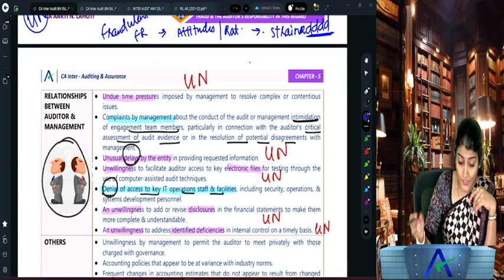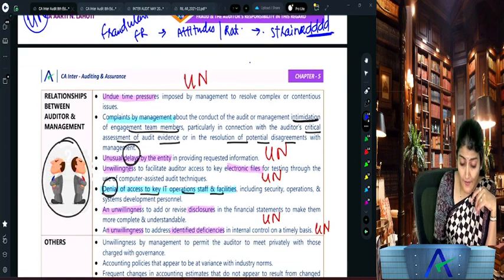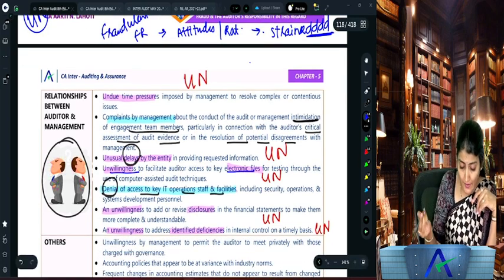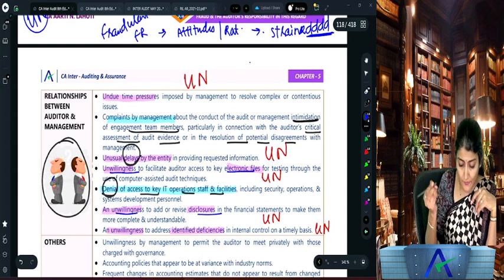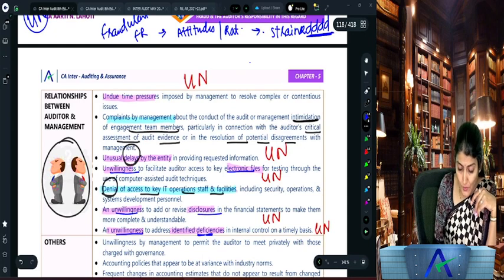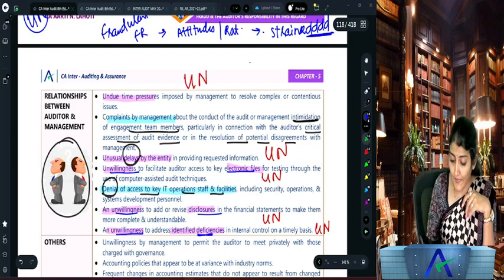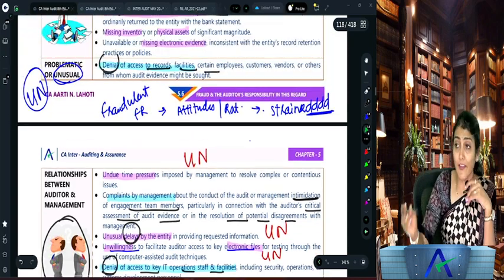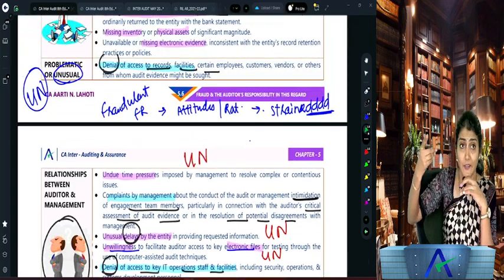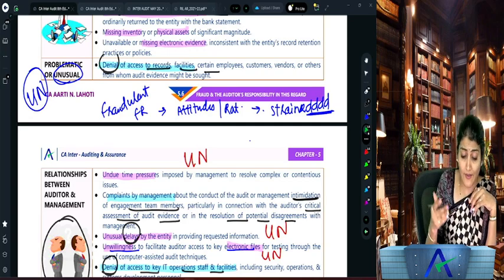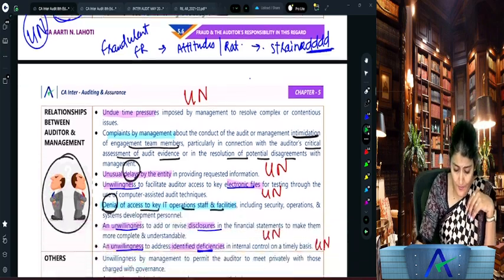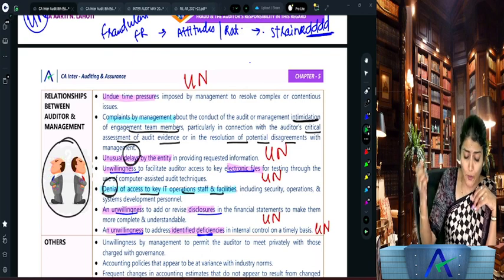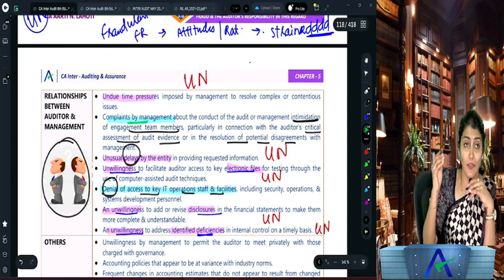Undue time pressure, unusual delay, and then unwillingness to give access to electronic files, unwillingness to give the disclosures, unwillingness to address the deficiencies. And then after that also, what does it say? They are giving it but giving it late, or second, there is denial of access to records and facilities, or there is denial of access to the IT operations, or there is the complaints by the management.